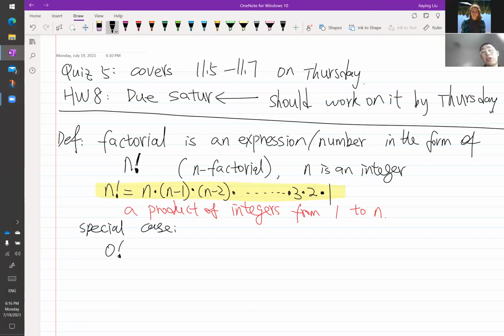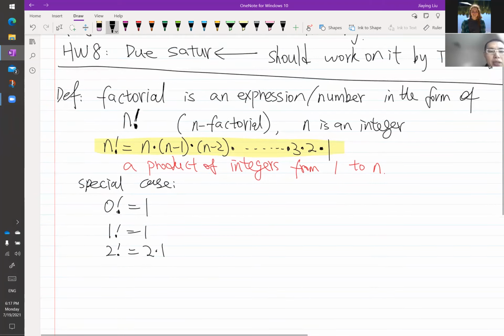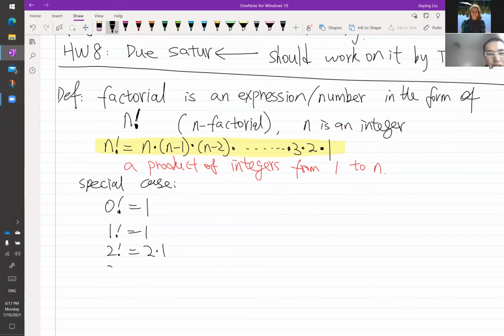Of course, we're not going to multiply integers down to 0, right? 0 factorial, we just define it as 1. That's a special case. It's the same thing as 1 factorial, which is also just 1. If you have 2 factorial, that will be just 2 times 1. If you have, let's say, 3 factorial, you can write it as 3 times 2 times 1.